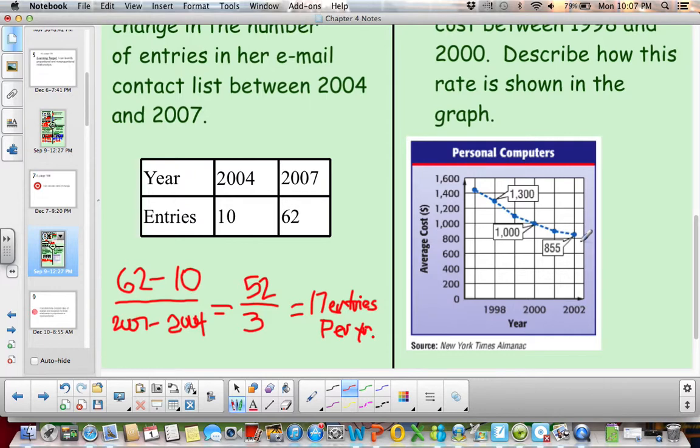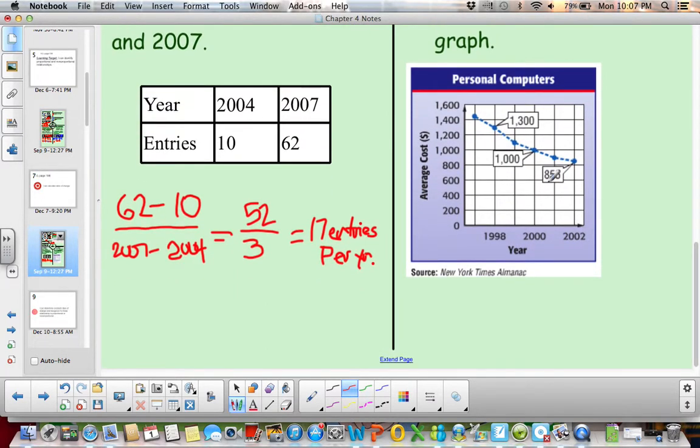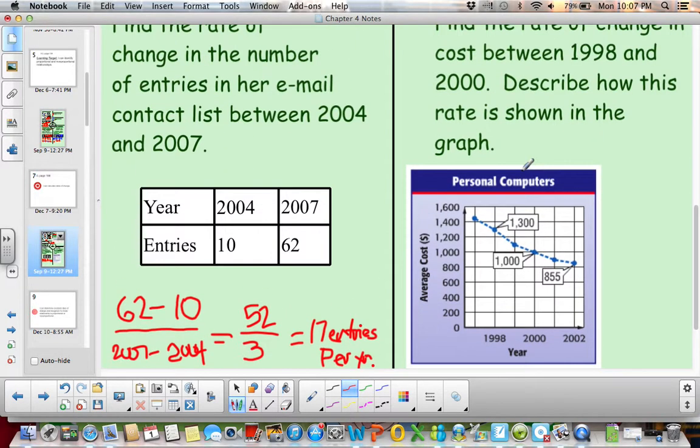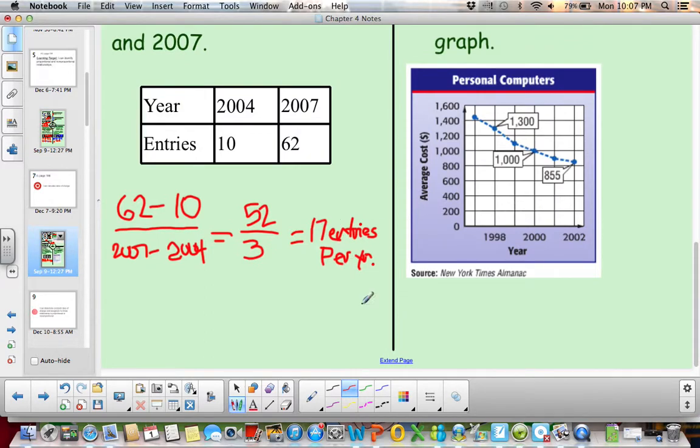If I come up with a positive number, that means I did something wrong. Looking at which way the graph is going tells you right away if you're looking for a positive or a negative number. If my graph was going this way, it would be positive. This is negative.